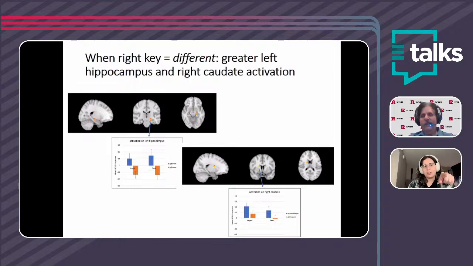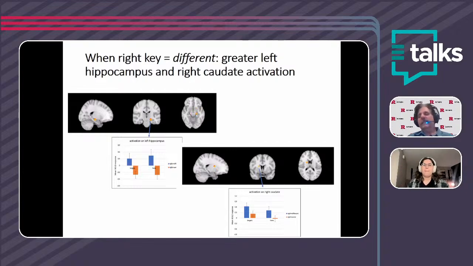Okay, so now we are looking at subjects that had the right key linked to the answer being different. So if I saw a string of consonants, let's say it was XMDR, and the next letter was M, one of my choices, and I knew that it was the same, I would click the left key.